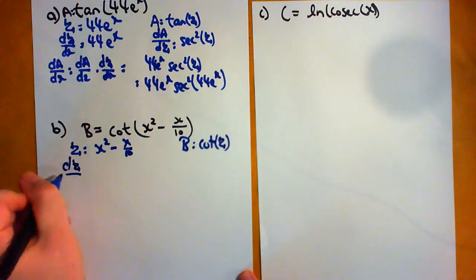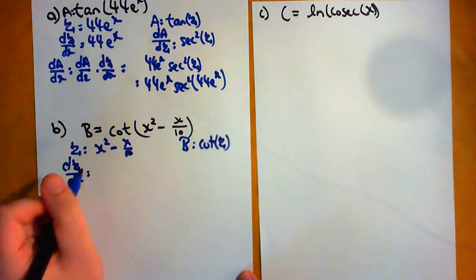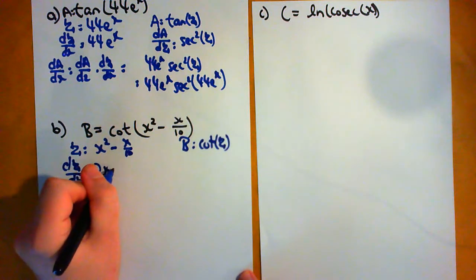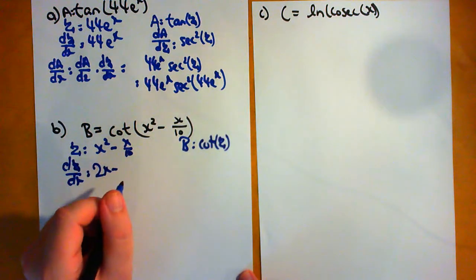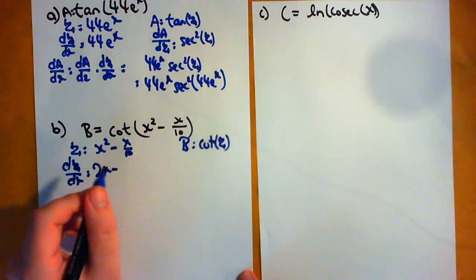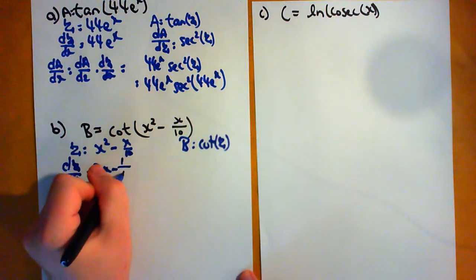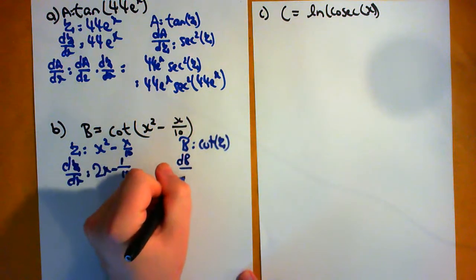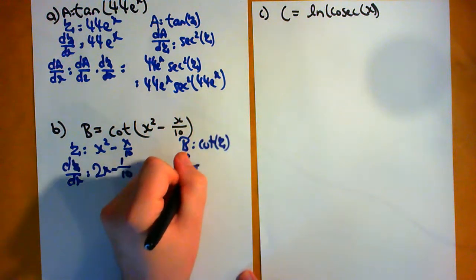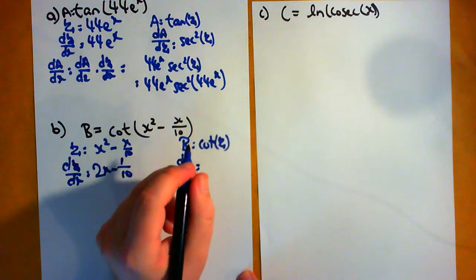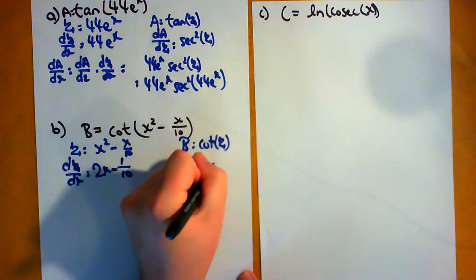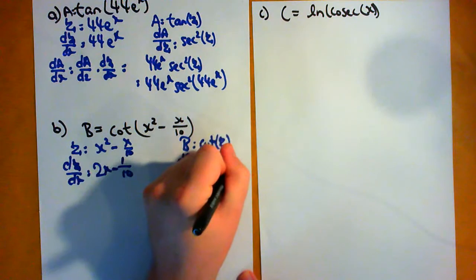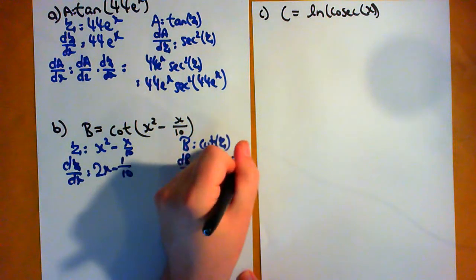So dz/dx: differentiate x squared, we get 2x, minus x over 10 is the same as 1 over 10 times x. Number times x just differentiates to number. And here we're differentiating to get dB/dz. So the derivative of cotangent is negative cosec squared. So we get negative cosec squared of z.